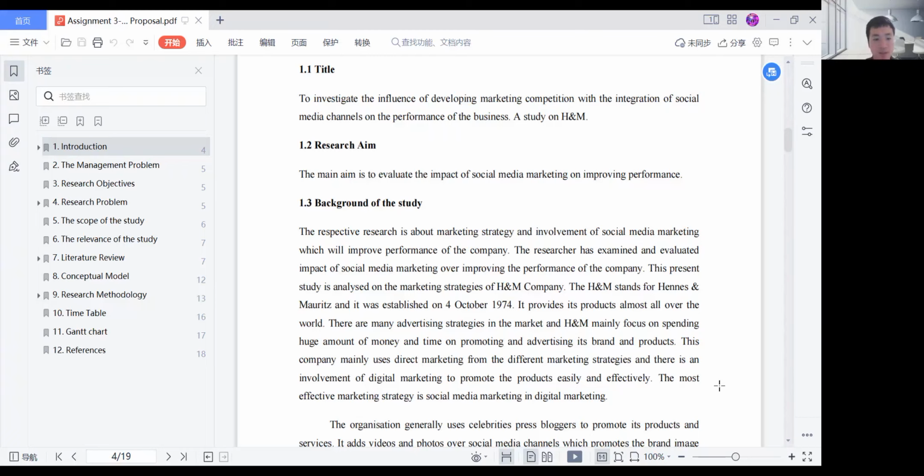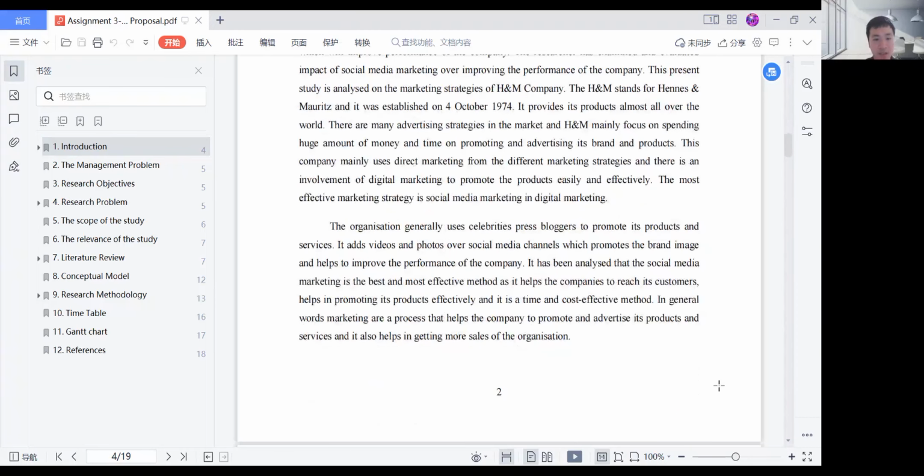The most effective marketing strategy is social media marketing. The organization generally uses celebrities, press, and bloggers to promote its products and services. It adds video and photo over social media trends, which promotes the brand's image and helps to improve the performance of the company.